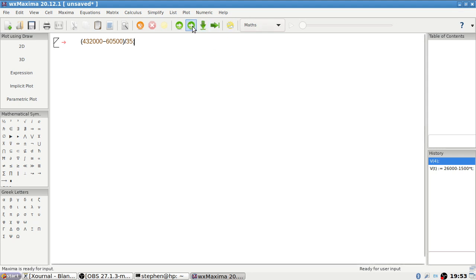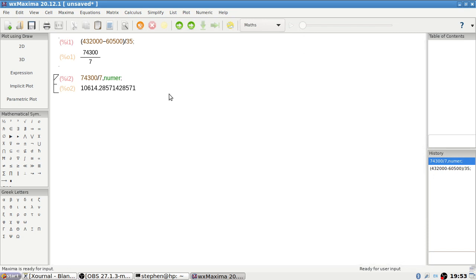Okay, so that's how much it's losing per year, about 10,000. Okay, so that's all we have to do. Find the rate of depreciation. That's it. $10,614 per year.